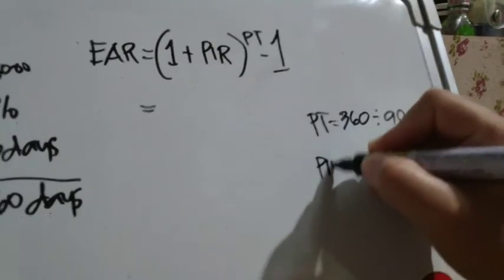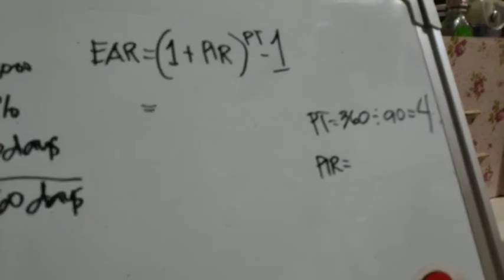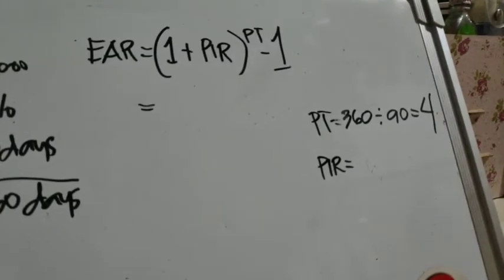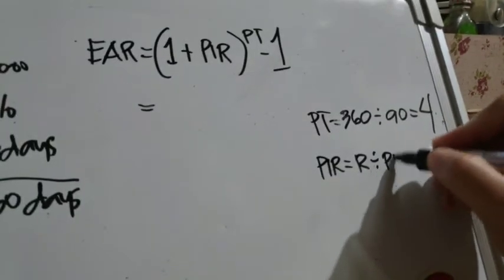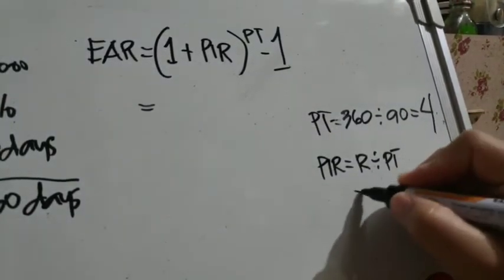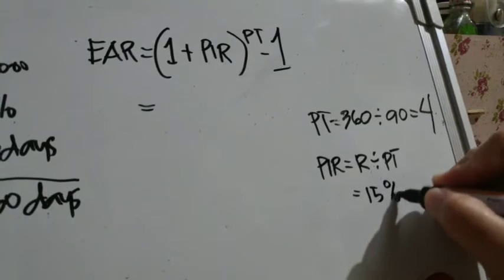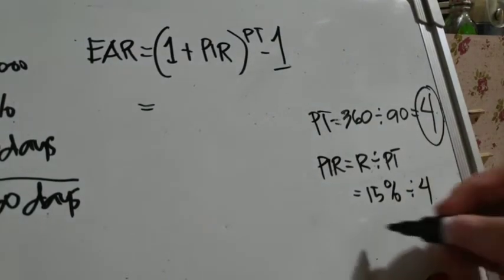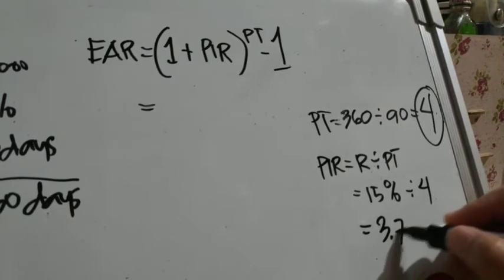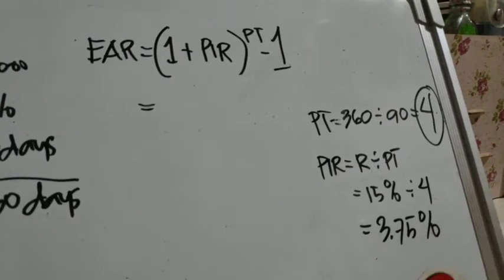And then the PIR is equal to the rate divided by your PT. So the rate for this problem is 15% divided by your PT, which is 4. Then you will get 3.75%.